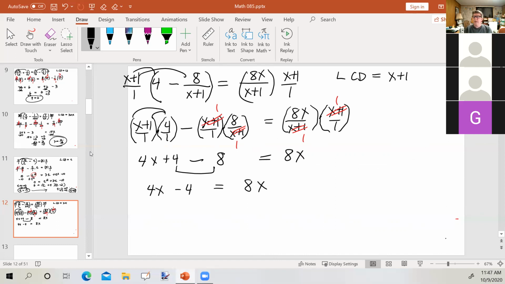I'm going to solve for x on the right. So I'll subtract 4x from both sides of the equation. And I'll divide both sides by 4. So I get -1 equals x, or x equals -1.